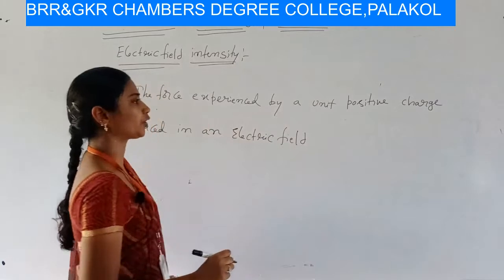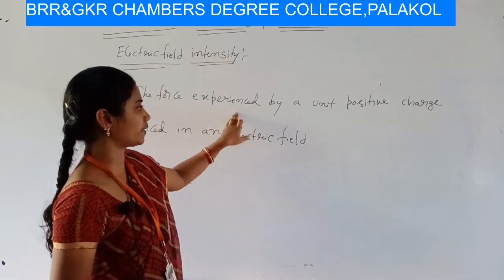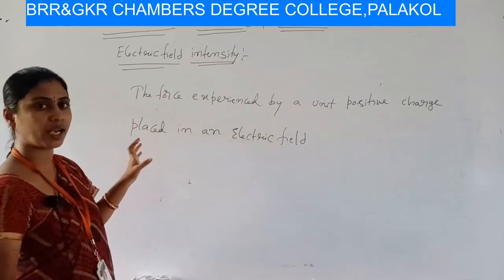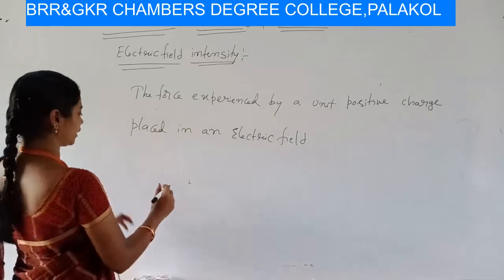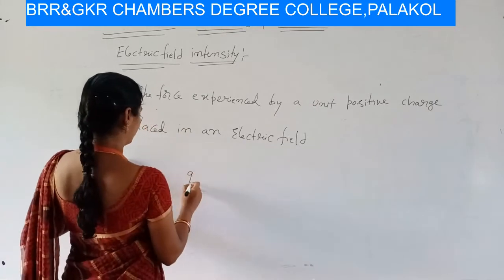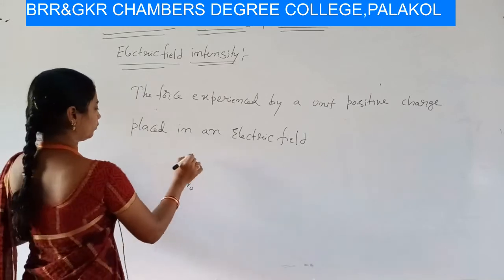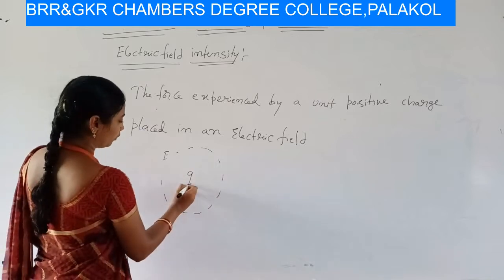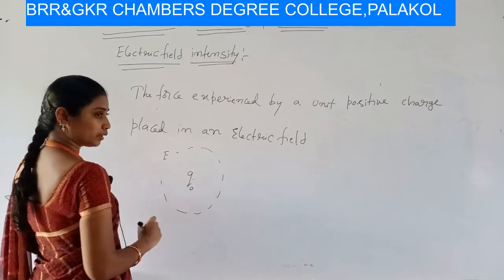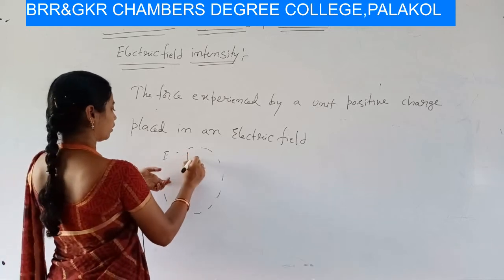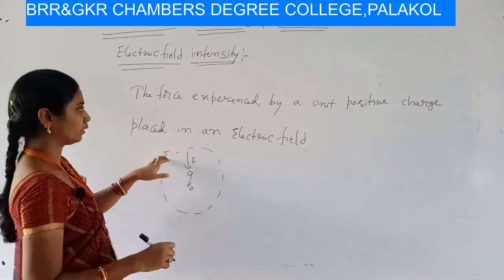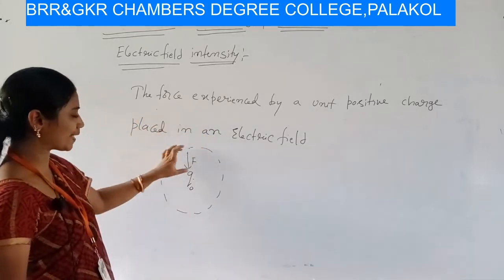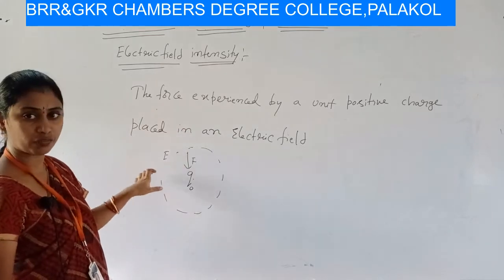If we consider a test charge Q0 placed in the electric field, in this electric field we treat this positive test charge Q0. Then this Q0 experiences some force by this electric field. Then the force experienced by this unit positive test charge when it is placed in electric field is said to be electric field intensity.